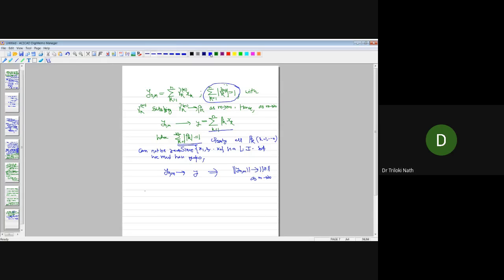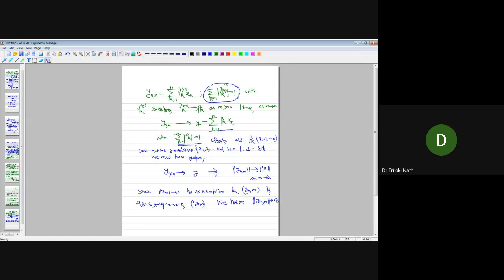Since norm of ym converges to 0 by assumption, this is not new, and y n m is a subsequence of ym, we have norm of y n m must converge to 0.